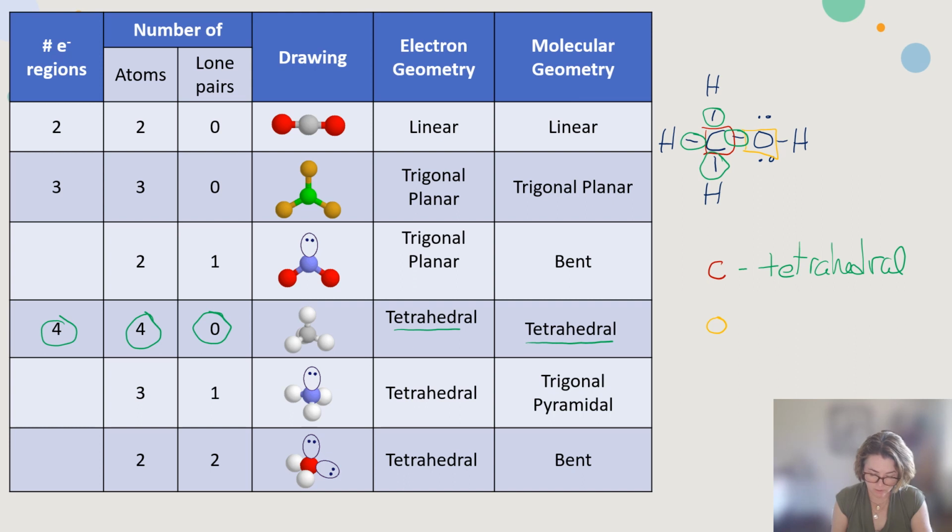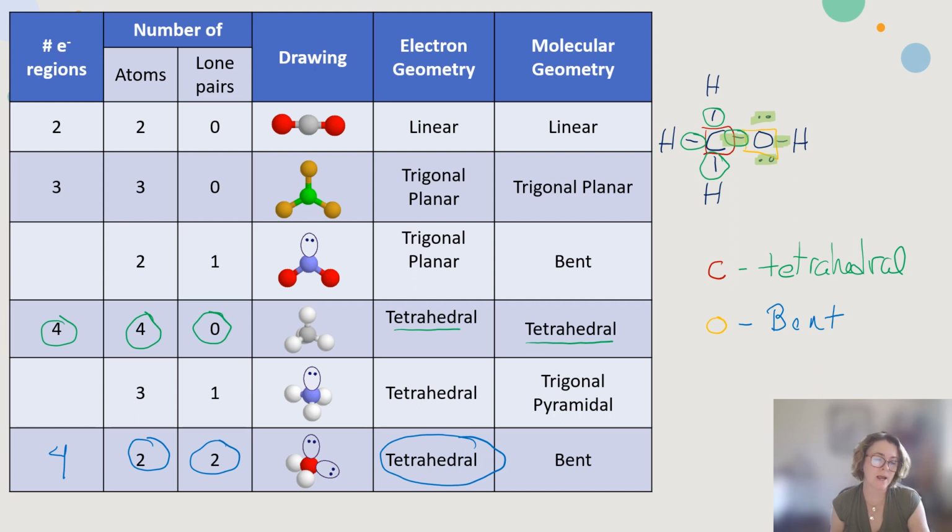Now for the oxygen, and I'm going to highlight oxygen. For oxygen, I have 2 single bonds and I have 2 lone pairs. So for oxygen, I have 4 electron regions, which means that my electron geometry is tetrahedral, but I also have 2 atoms, 2 lone pairs. So my molecular geometry for my oxygen is bent.